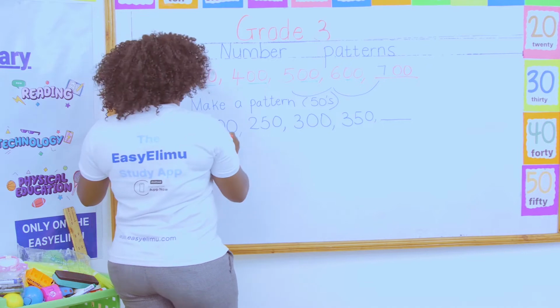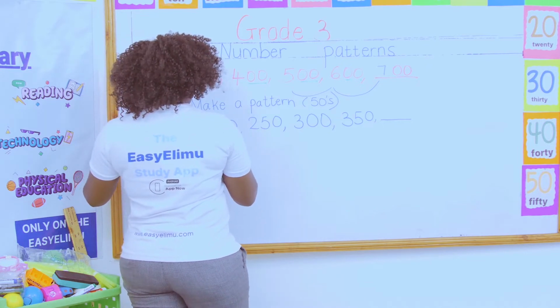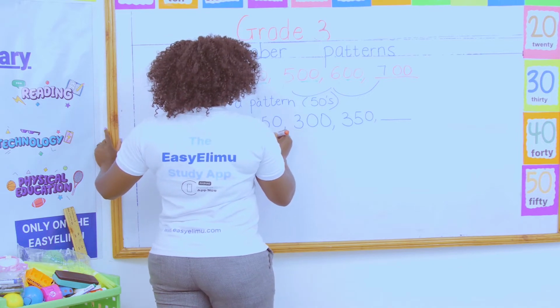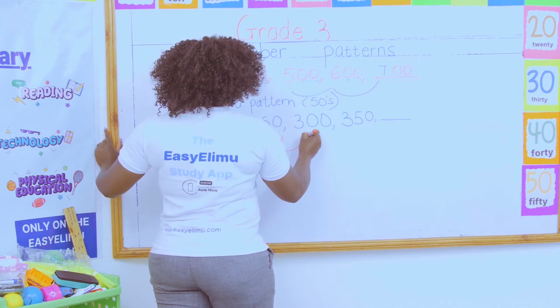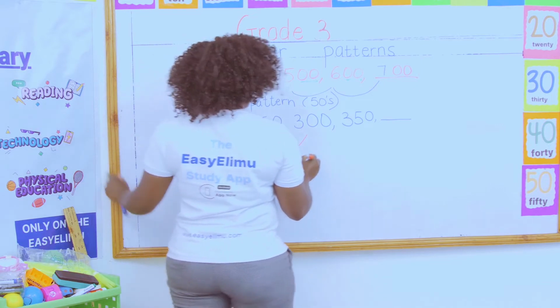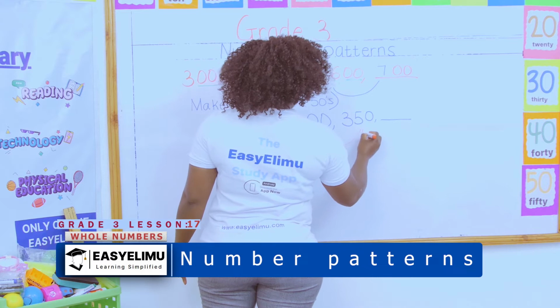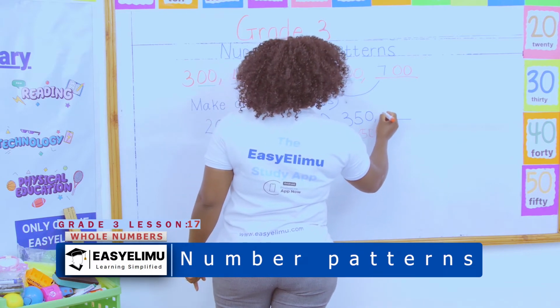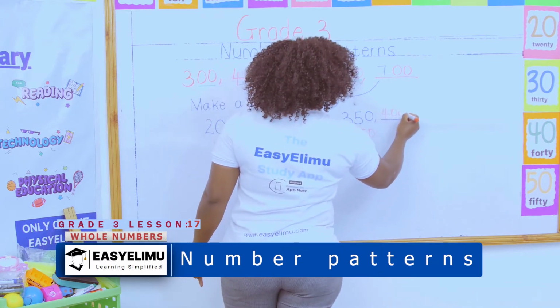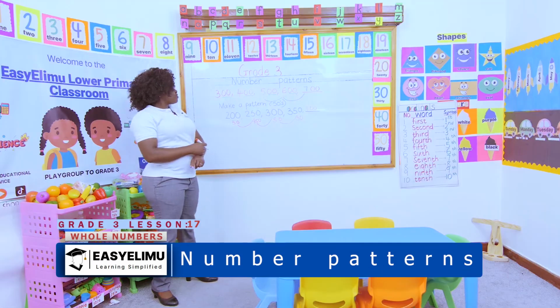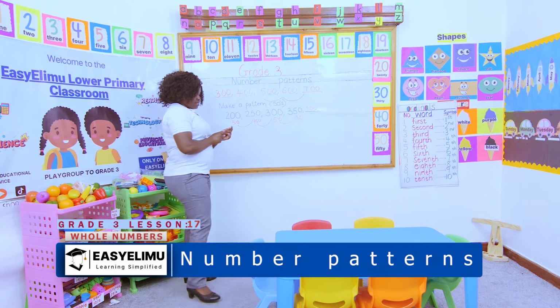So we go to our long method where we are just adding by 50, you get a 250, plus 50, you get a 300, plus 50, you get a 350, and then plus 50, what do you get? A 400. That is a pattern of counting in 50s and counting in 100s.